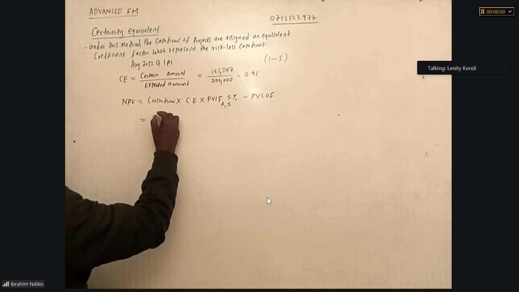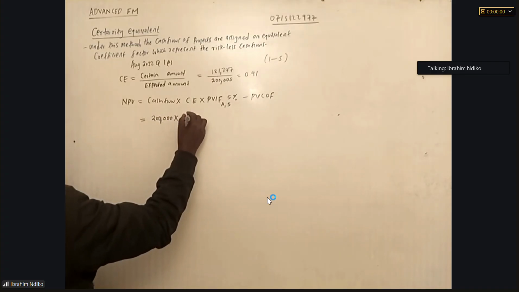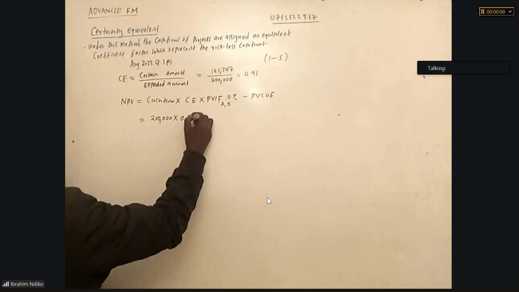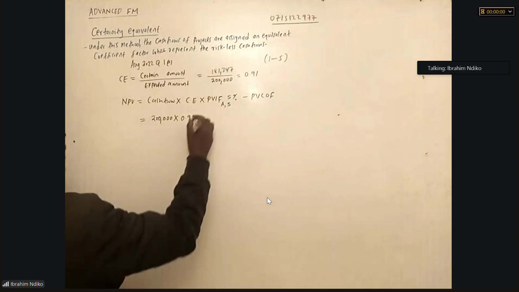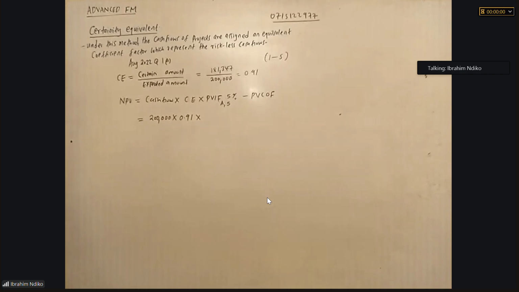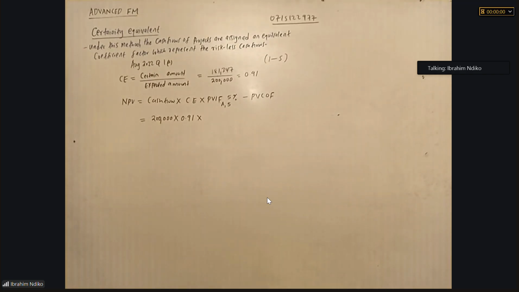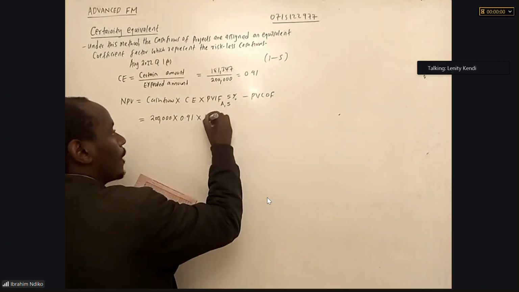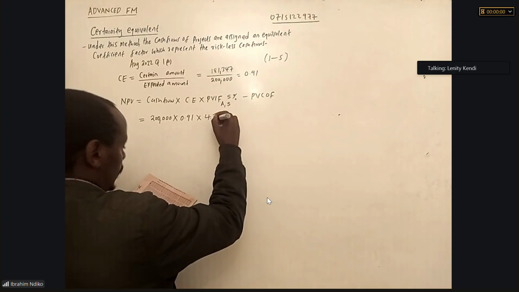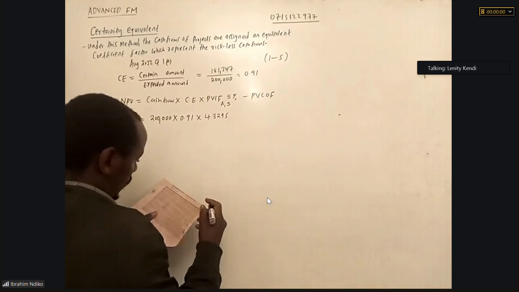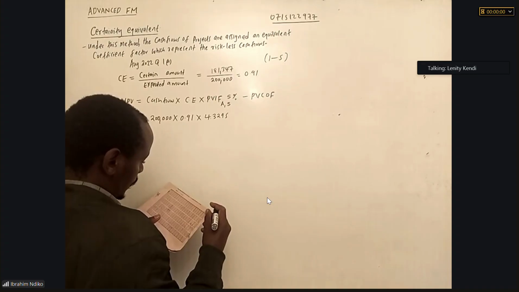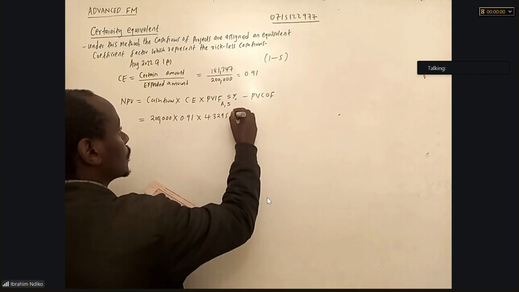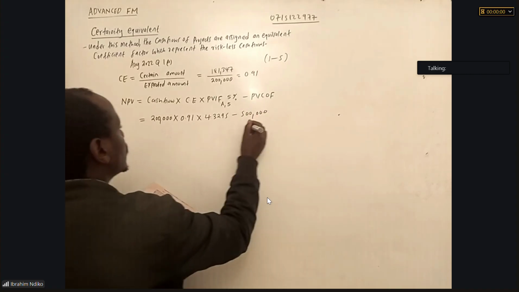Yes. 200,000 times 0.9 times 5%, 5 years annuity, 4.3295. Remember it is an annuity. What NPV do you get?